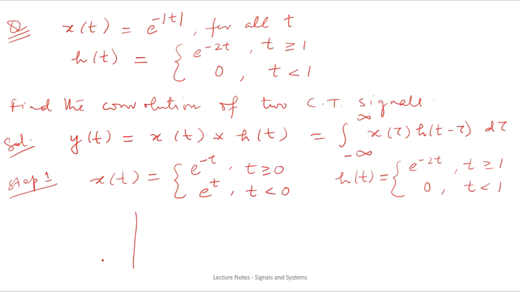If you try to plot the sketch, x(t) will look something like this. The amplitude will be 1. On the left hand side the graph will be e raised to the power t, for t less than 0, and on the right side it will be e raised to the power minus t, for t greater than 0.